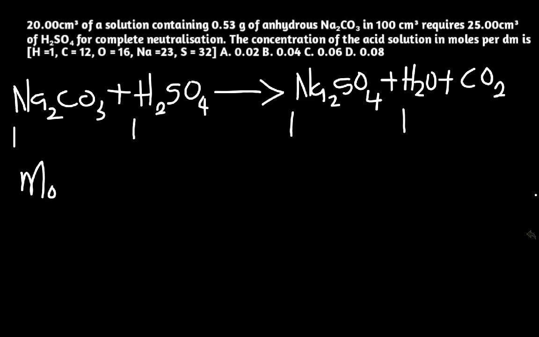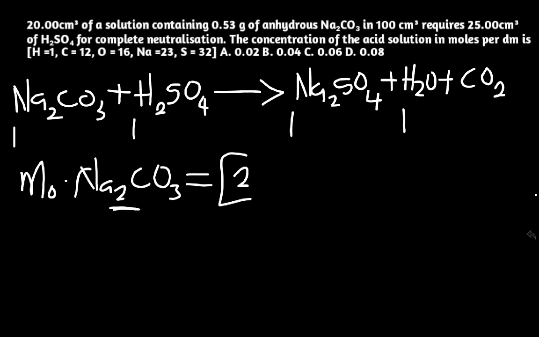The molar mass of Na2CO3 is, first things first, 2 times that of sodium, which is 2 times 23, plus carbon, which was given to be 12, so 1 times 12. You might be asking, how did I get this one?